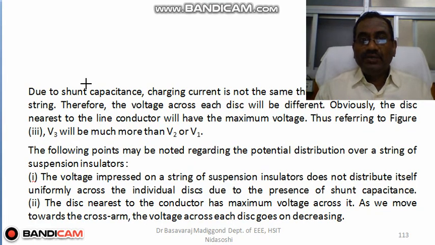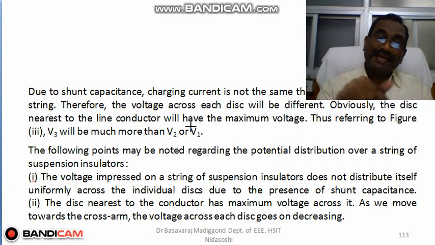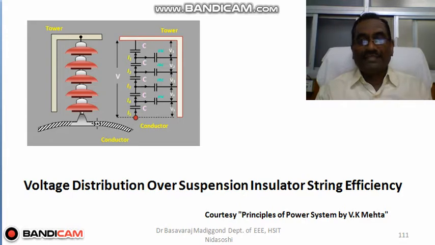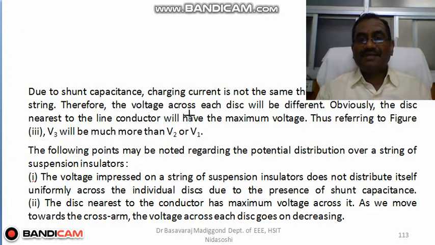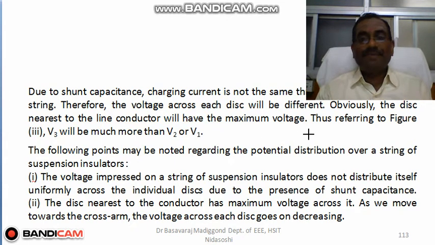Now, due to this shunt capacitance, charging current will not be the same throughout the string of insulators. Therefore, the voltage across each disc will be different. Obviously, the disc nearest to the line conductor will have a maximum voltage.